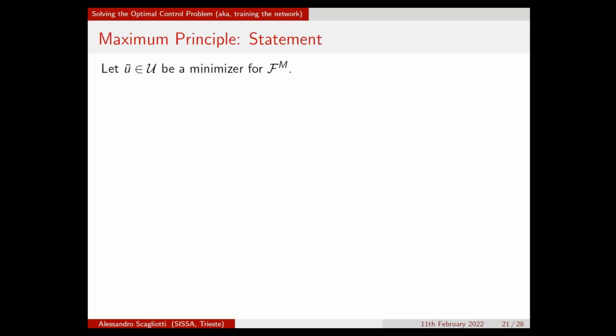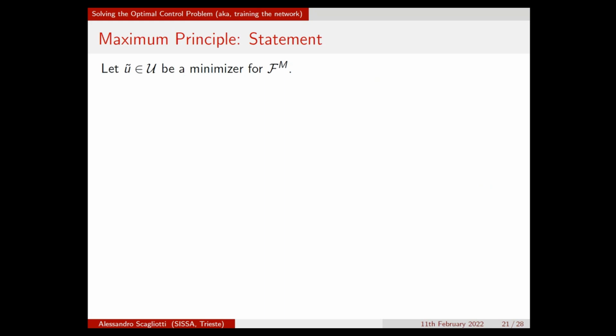Okay, so now I'm going to tell you the second approach, based on the Controllability maximum principle. The Controllability maximum principle is essentially the necessary condition for minimality in optimal control problems, and is more or less equivalent to the Euler-Lagrange equations for calculus of variations. Okay, what is the statement?